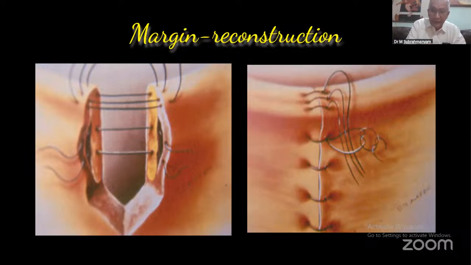Here you can see there's a gray line and the first suture has passed through it. In those conditions where you are not able to identify the gray line, what are easily identifiable are the openings of the meibomian glands. So pass your suture through a meibomian gland from one side and come out through the meibomian gland of the opposite side, tie it and cut the ends long.